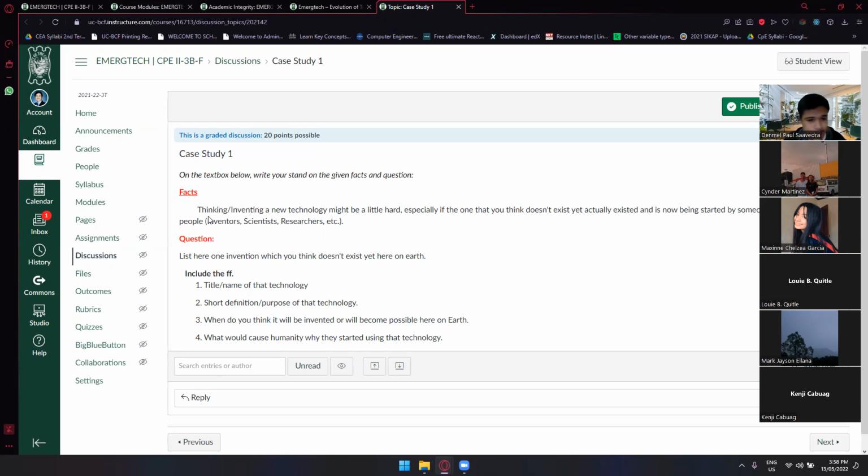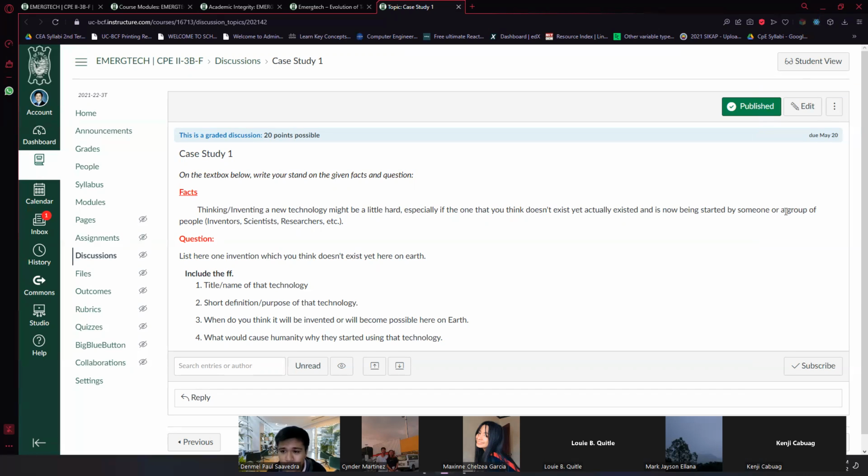For the facts, thinking or inventing a new technology might be a little hard, especially if the one that you think doesn't exist yet actually exists and is now being started by someone or a group of people, say inventors, scientists, or researchers, of course. No one knows. Okay, so of course, you might think that it still doesn't exist yet, but actually in reality, it's now being created by someone.